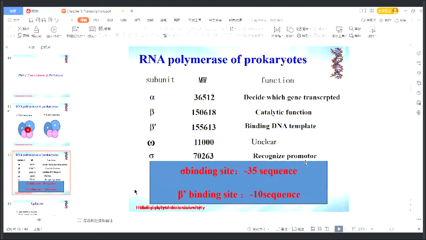Beta prime subunit binds the template DNA. So the sigma subunit recognizes the promoter in prokaryotic organisms. The promoter contains the minus 35 sequence, which is recognized by the sigma subunit, and the minus 10 sequence, the TATA box, which is bound by the beta prime subunit.